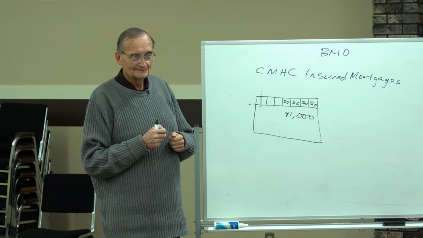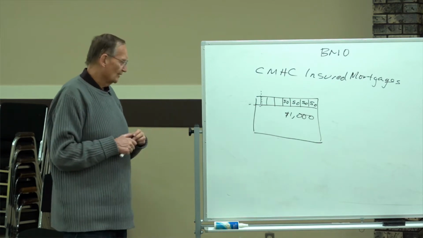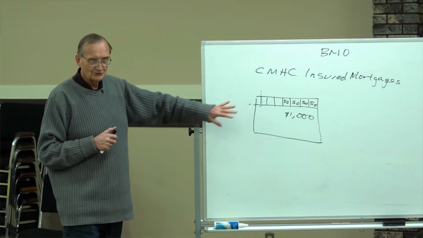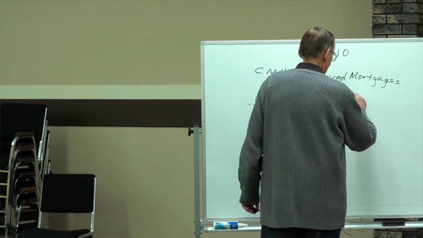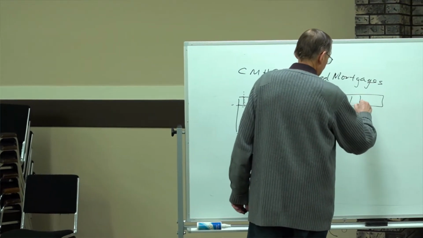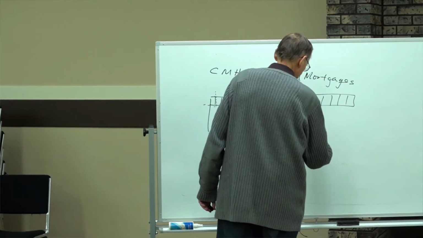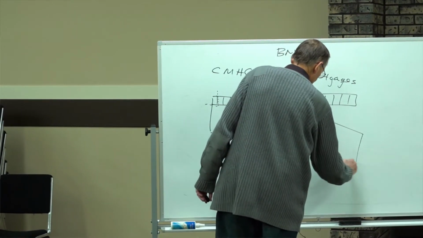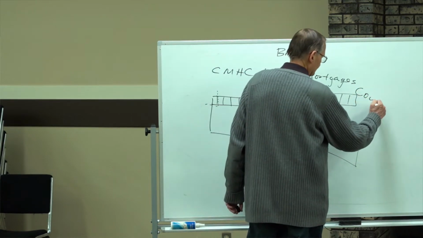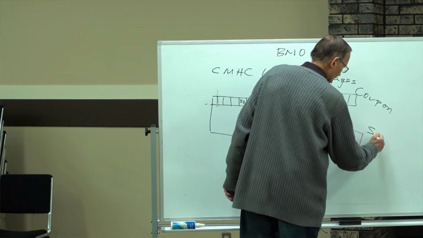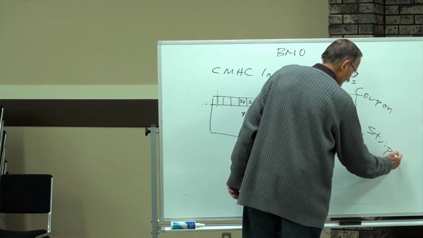So then someone in the financial community got very bright and they said, let's take this and split the investment. So you can buy the coupon separately, or you can buy a strip bond.